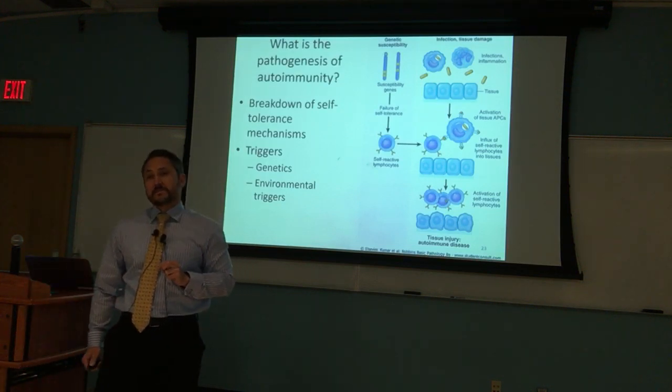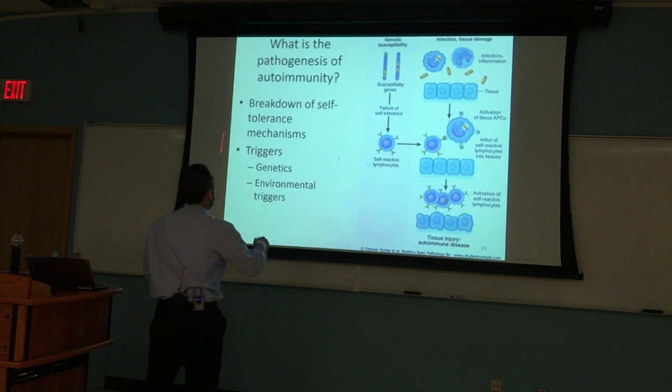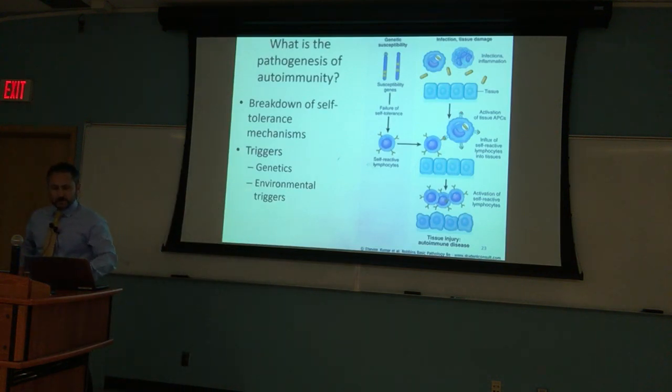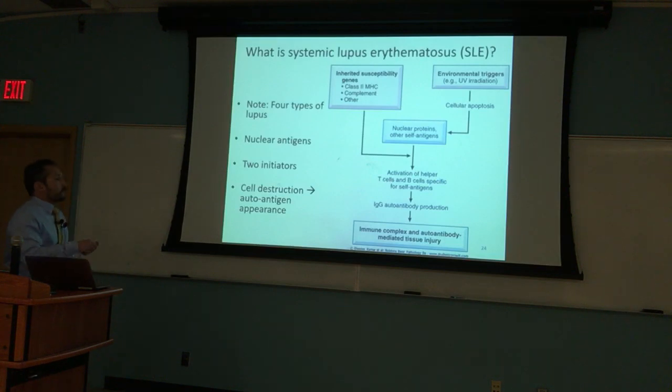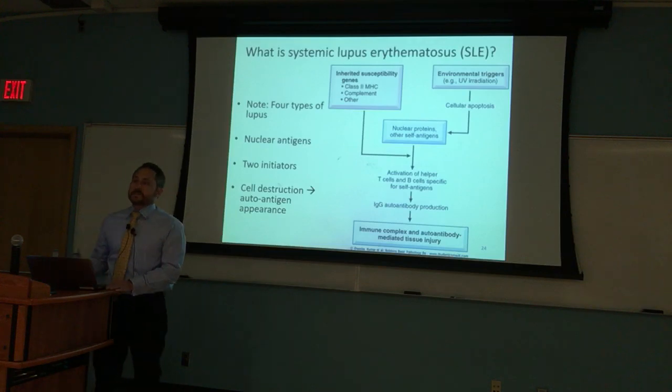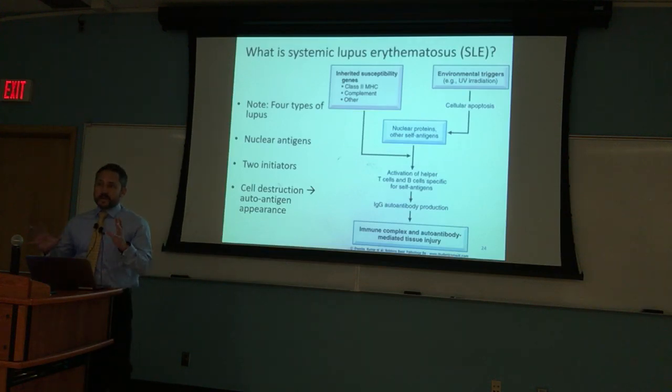Okay, pretty neat. Okay, so let's talk about the breakdown of these self-tolerance mechanisms as it relates to one of our first type 4 that I want to dive into in great detail. This one is systemic lupus erythematosus, or SLE. Now, systemic lupus is the most aggressive of all the types of lupus.